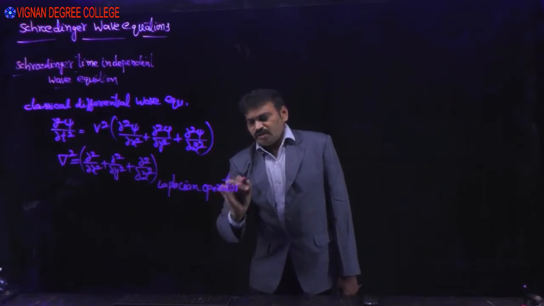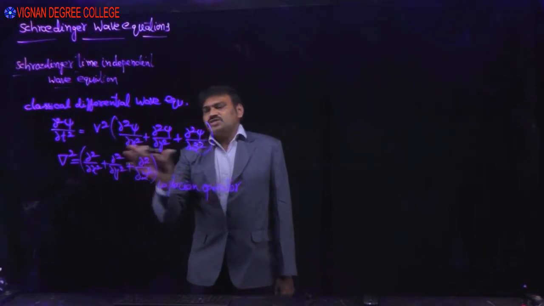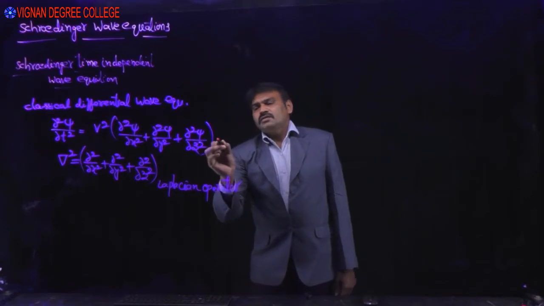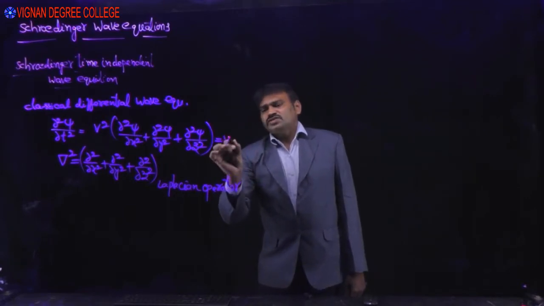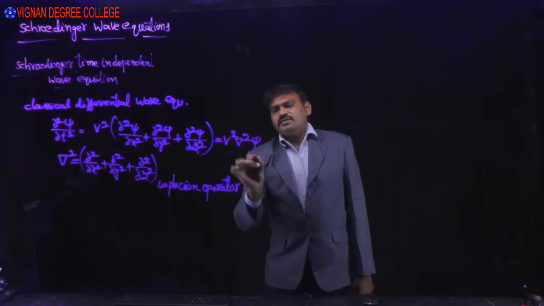This operator del square operates on the function, so dou square psi by dou t square is equal to v square del square psi.